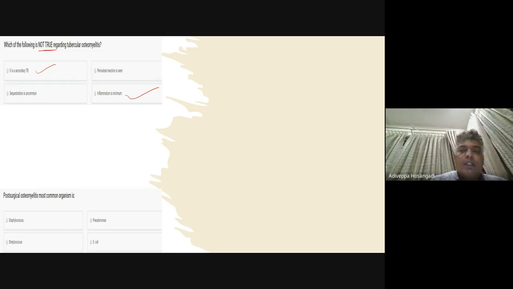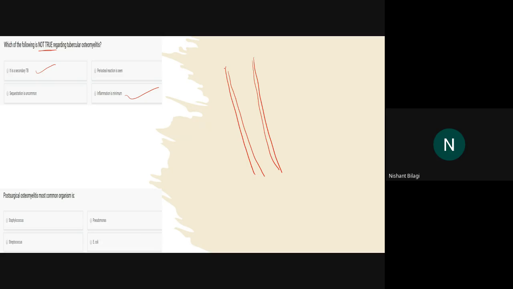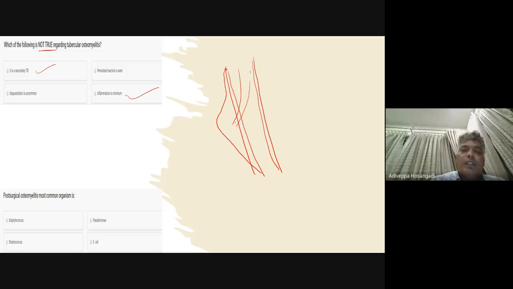One important thing you should understand is periosteal reaction. The periosteum is elevated if pus gets collected. Once the periosteum is elevated, there is new bone formation in the form of periosteal elevation.